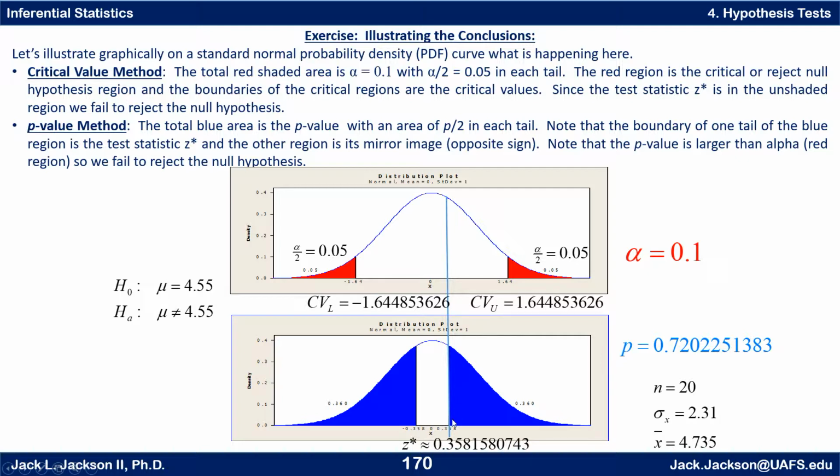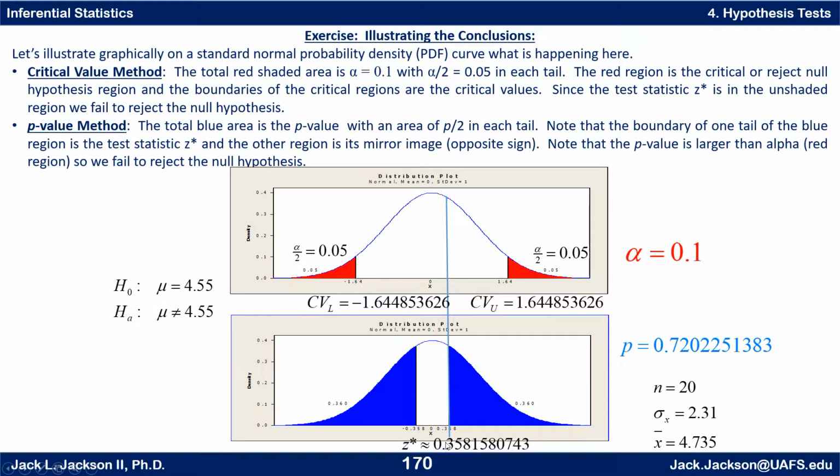Down here in the bottom one illustrates the p-value method. The total blue area is the p-value, which has an area of p over 2 in each tail. Notice that the boundary of one tail of the blue region is our test statistic, Z star right here, and then you just get that to the right, and then a corresponding mirror image of that on the left, and we add up all that blue area.